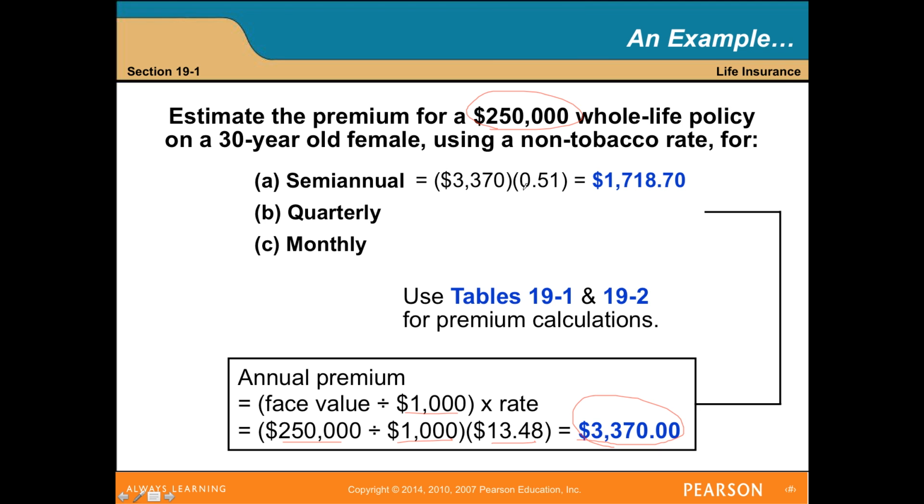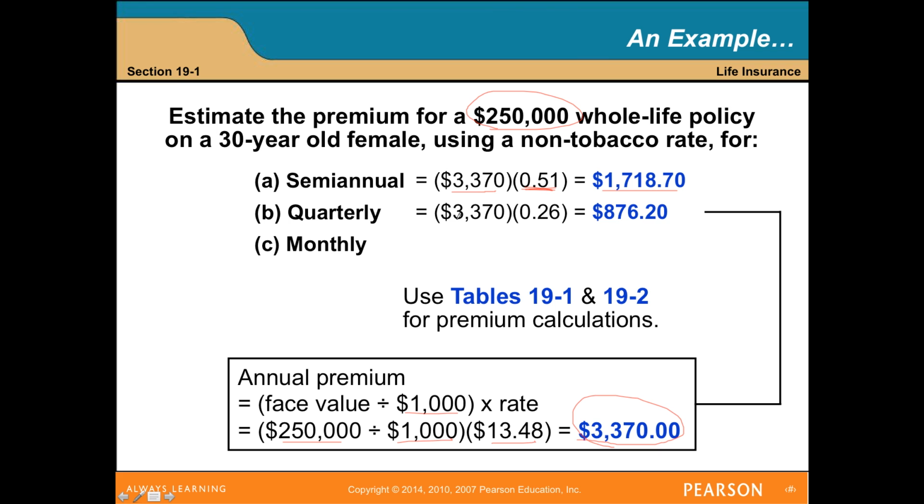Actually, it was my fault. This is not 51 cents. Take note of that if you're watching this video lecture. And I'll make the edits also. This is 51%. So 3,370 times 0.51 equals $1,718.70.